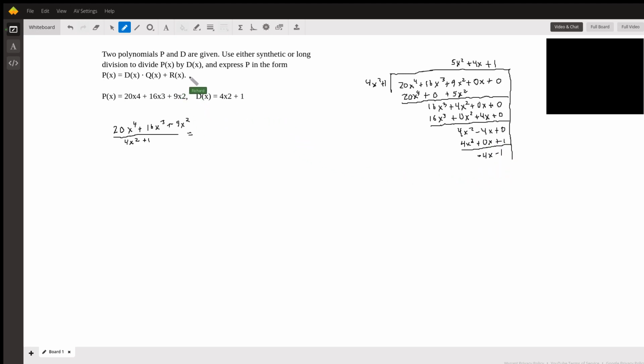So now we can complete this statement. We're going to get 5x squared plus 4x plus 1, and our remainder is negative 4x minus 1, all over 4x squared plus 1.